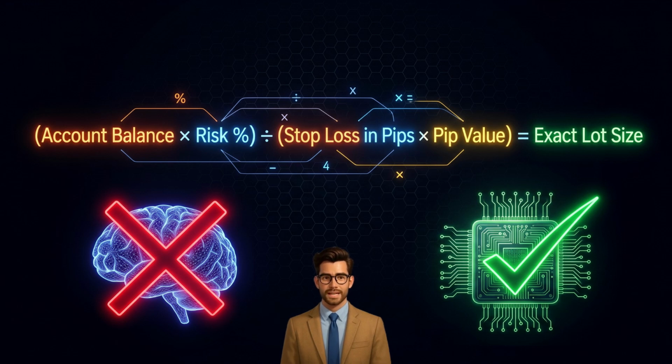Or worse, in your rush, you misplace a decimal point and accidentally execute a 10-lot trade instead of a 1-lot trade, facing instant liquidation. This is exactly why institutional algorithms and professional traders never calculate position sizing manually. They automate the math. And the tool we use to automate this critical step is the Forex Lot Size Calculator.